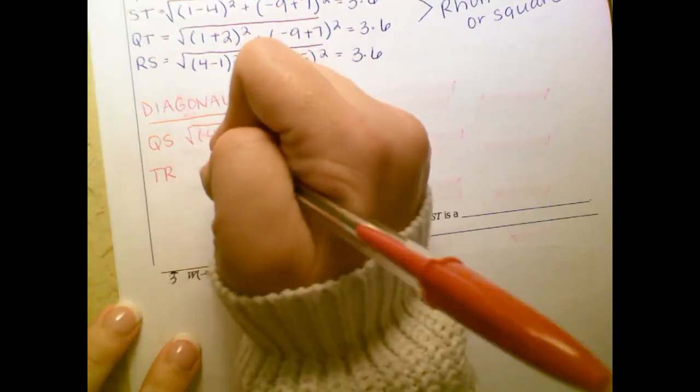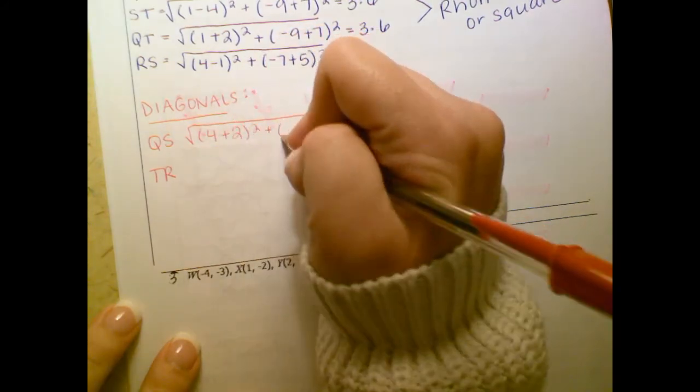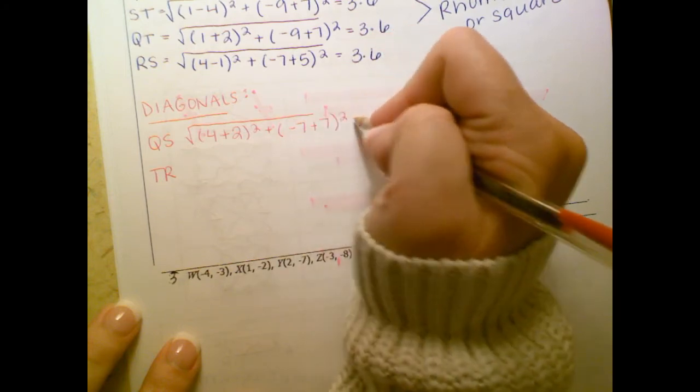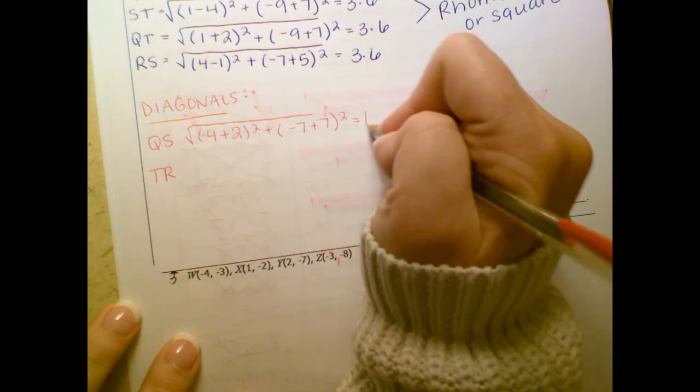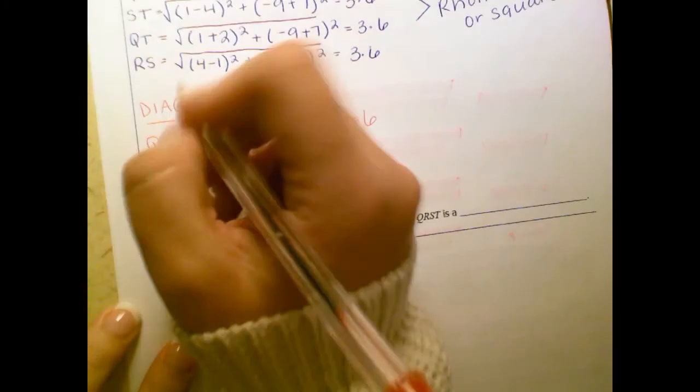So I have 4 minus negative 2, which makes it the plus 2. Negative 7 minus a negative 7 makes it a plus 7. That actually comes out to be a whole number of 6. I'm not going to get a decimal.